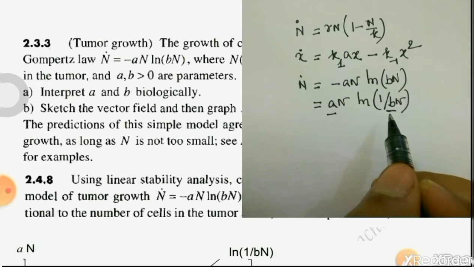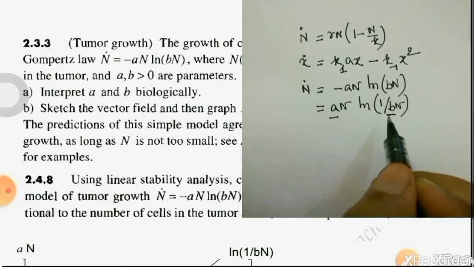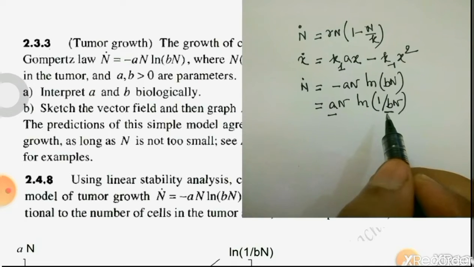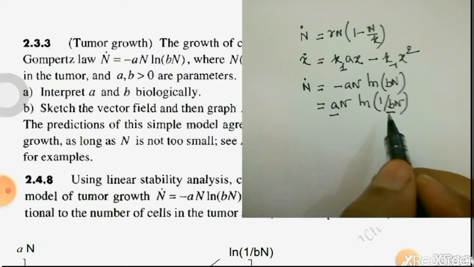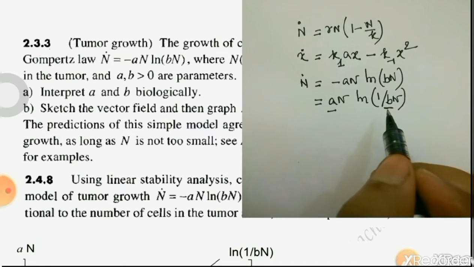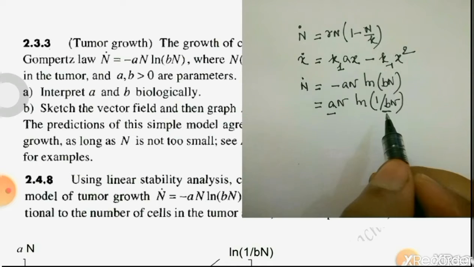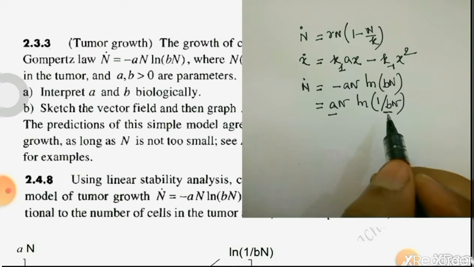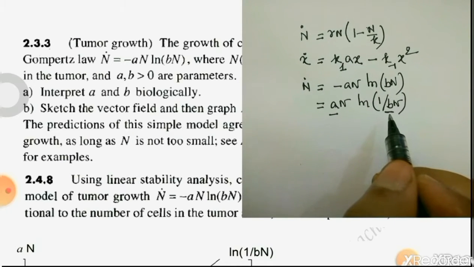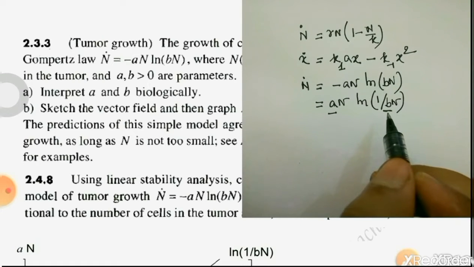That is, 1 by b is actually the maximum number of cells that can be reached with the available nutrients. Fine. 1 by b is the carrying capacity.